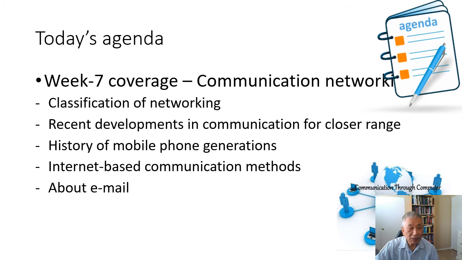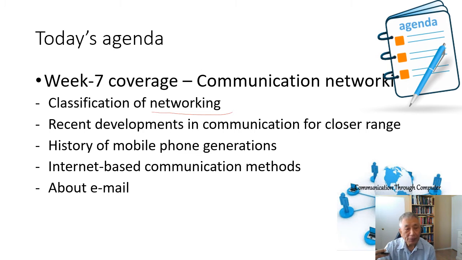Okay, so coverage-wise, there are many different types of networking. We'll define the meaning of the network, and then there are different varieties. Some of them are old, and old means that they have been here a very long time. Some of them are very recent developments, especially closer range.